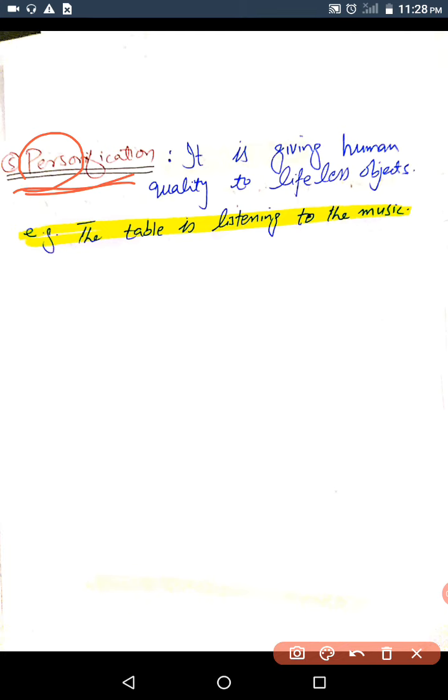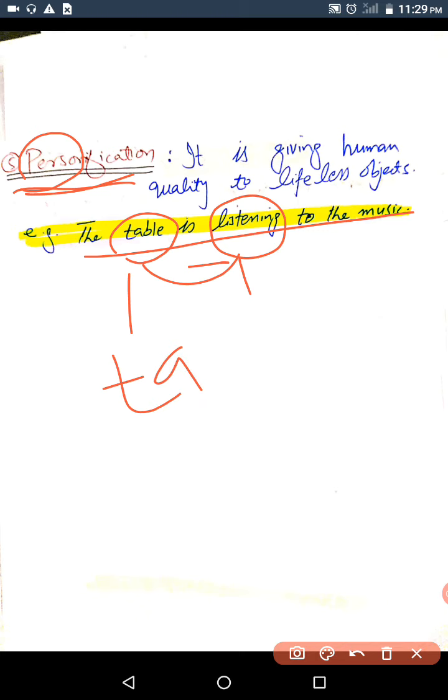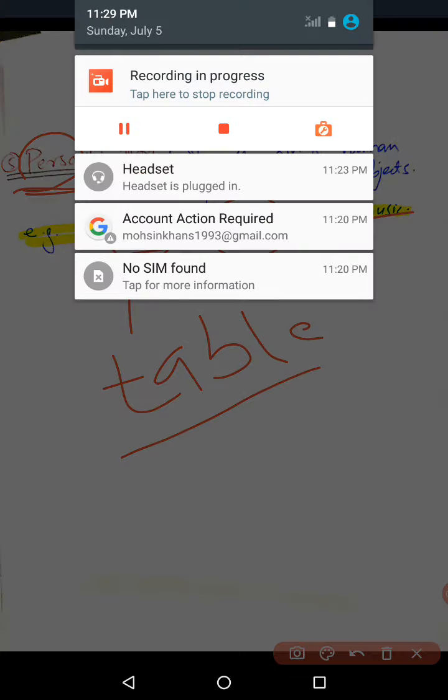Like look at this sentence, the table is listening to the music. Can a table listen to the music? Table is a lifeless object. So how can it perform the action of listening? So now this whole sentence is a personification in which the table has been personified. Okay? So this is called personification.